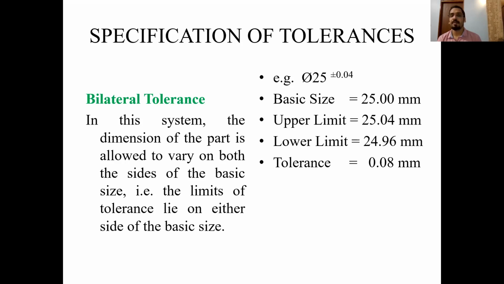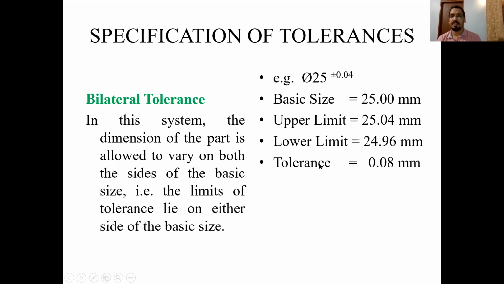The tolerance will be the upper limit minus the lower limit, that will be 0.08 mm. So this is an example of bilateral tolerance, because it is varying in both the positive as well as the negative direction.